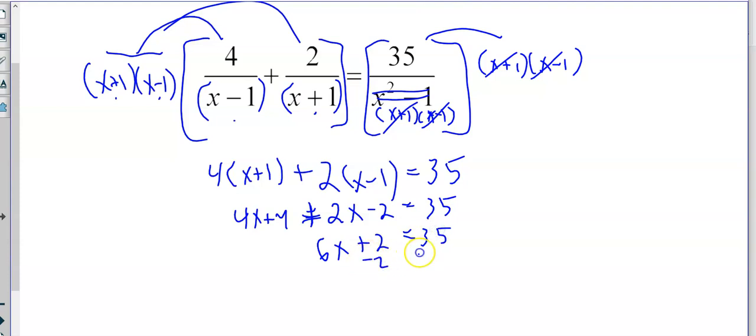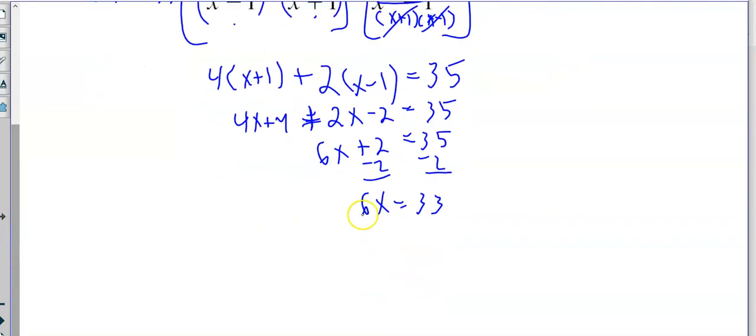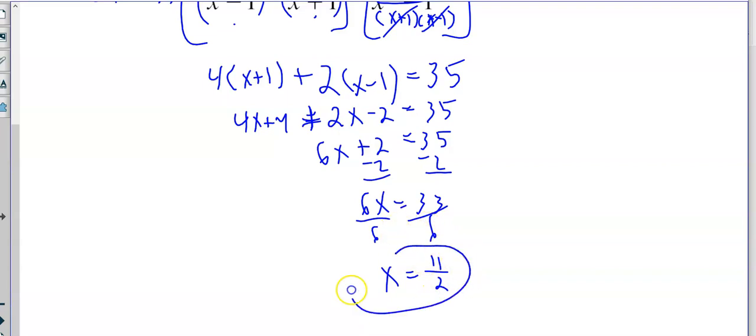We're going to subtract 2. We're going to get 6x equals 33. Divide by 6. Divide by 6. Get x equals, 3 goes into that, so that'd be 11 over 2, 5/2, and you got it.